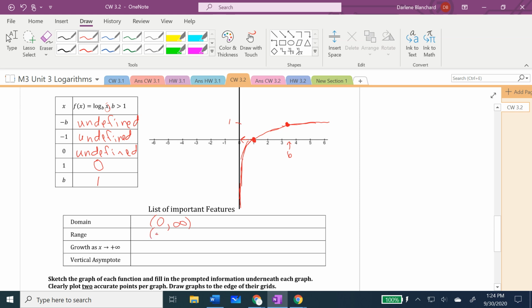The range is always negative infinity to positive infinity. The vertical asymptote of the parent graph is always x equals 0. And as x approaches positive infinity, f of x is also approaching positive infinity. But it grows slower and slower and slower.